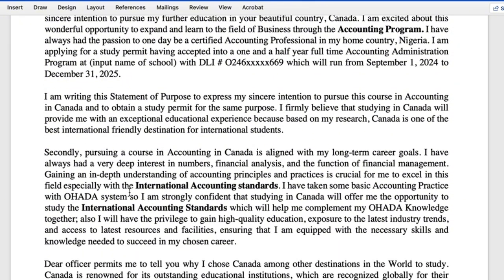Okay, secondly, pursuing a course in accounting in Canada is aligned with my long-term career goals. I have always had a very deep interest in numbers, financial analysis, and the function of financial management. Gaining an in-depth understanding of accounting principles and practices is crucial for me to excel in this field, especially with international accounting standards.